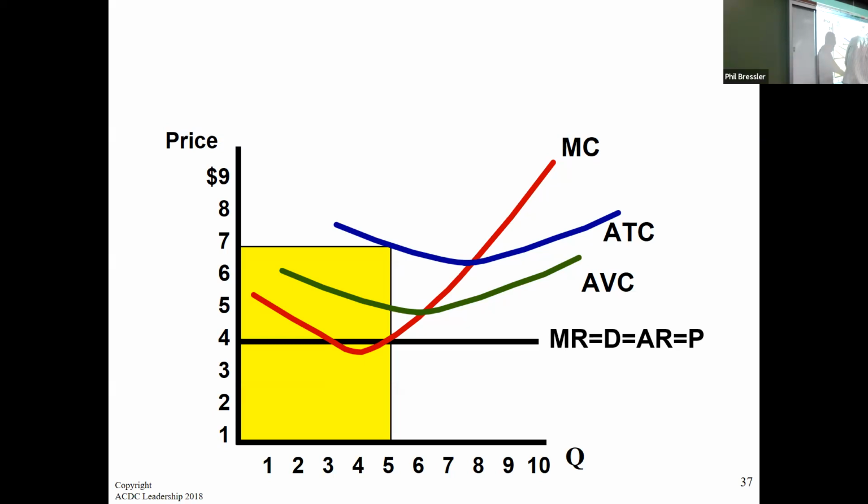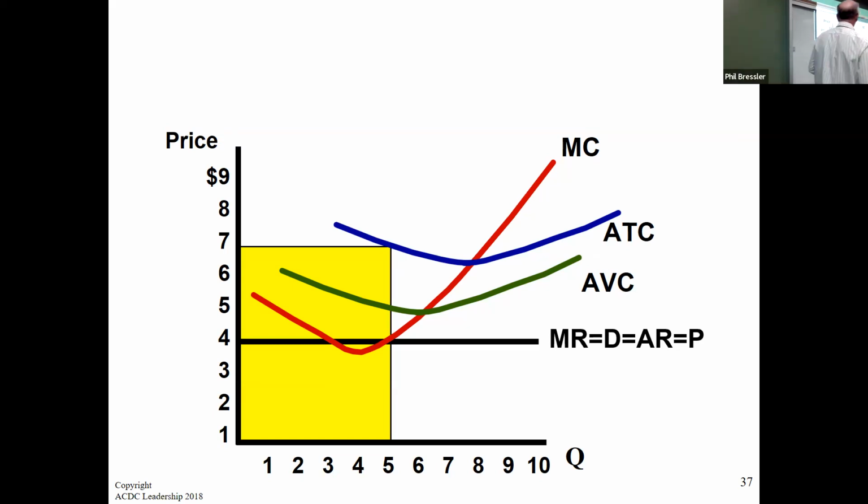Our total revenue is 20, 4 times 5. So what is my total cost if I stay in business? At my profit maximizer, 35. So this has me losing 15 if I stay in business, right?